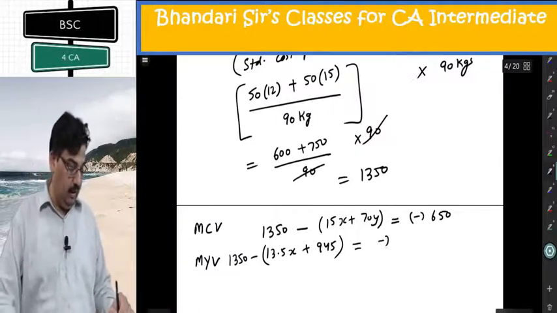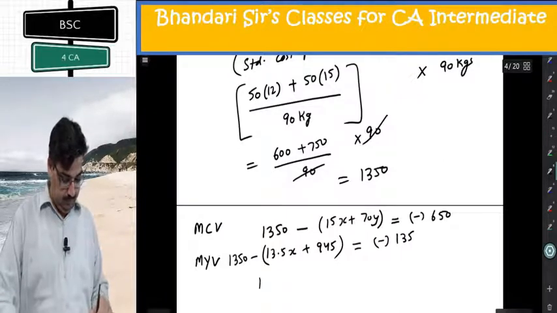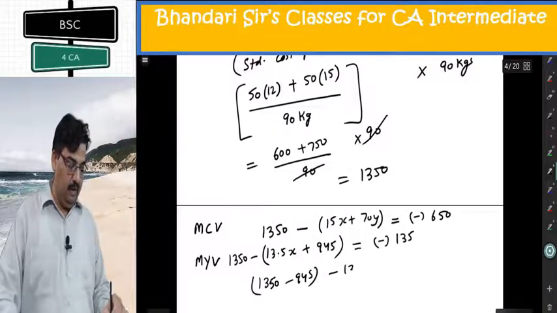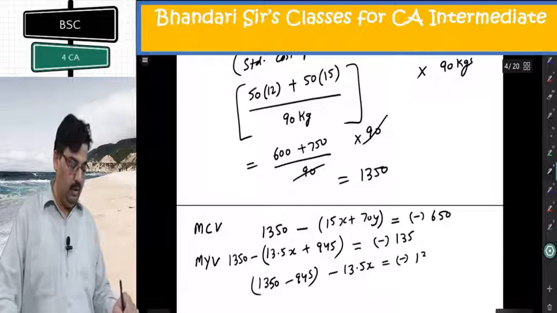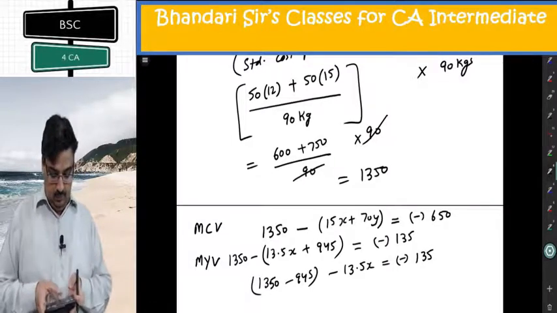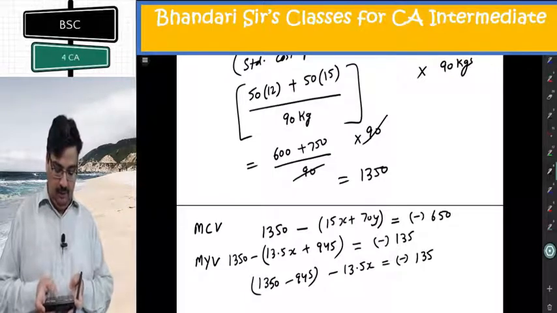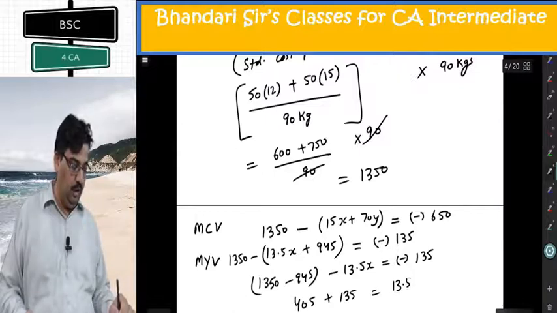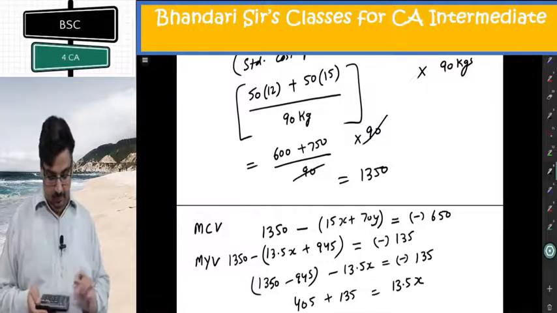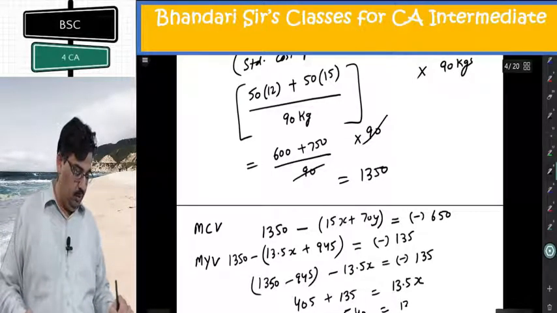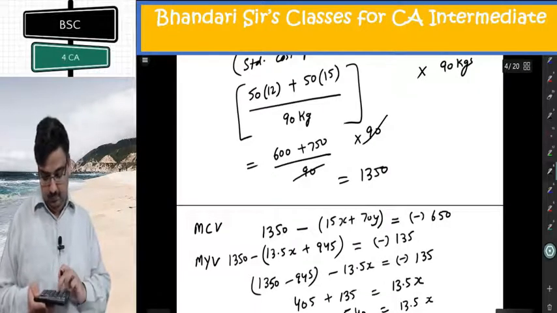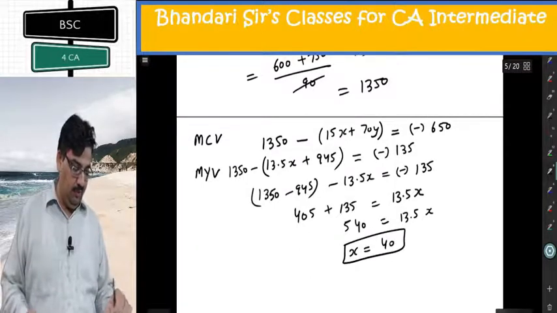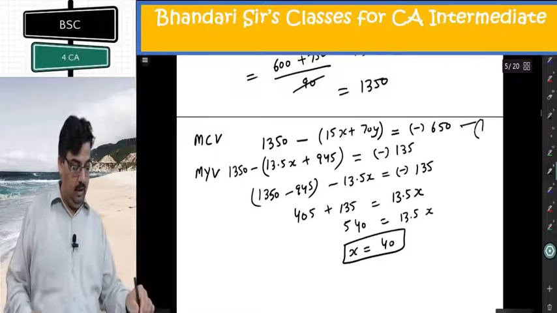It is given negative 135. 1350 minus 945 minus 13.5x is equal to minus 135. 1350 minus 945, 405 plus 135 is equal to 13.5x. 540 is equal to 13.5x. X is 40. This is equation 1.